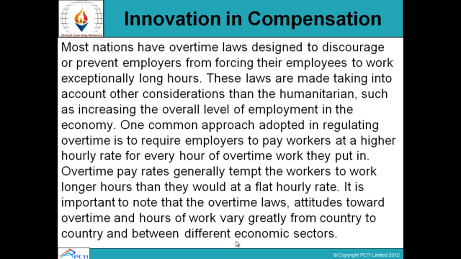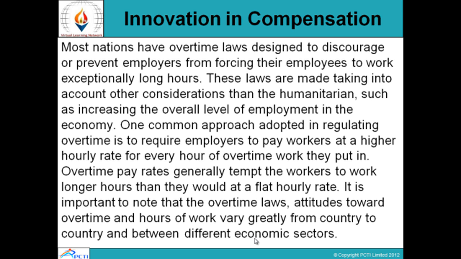Most nations have overtime laws designed to discourage or prevent employers from forcing their employees to work exceptionally long hours. These laws take into account other considerations that are humanitarian, such as increasing the overall level of employment in the economy.